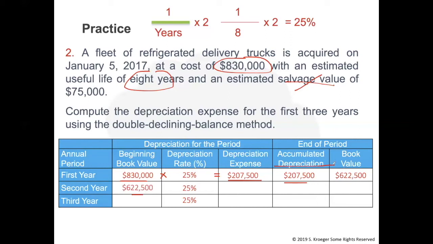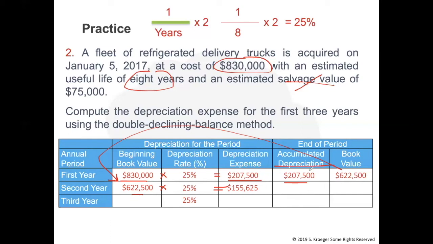This number will go over here. And we do the same thing over and over again. 622,500 times 25% will equal $155,625. That would be my depreciation for year 2.